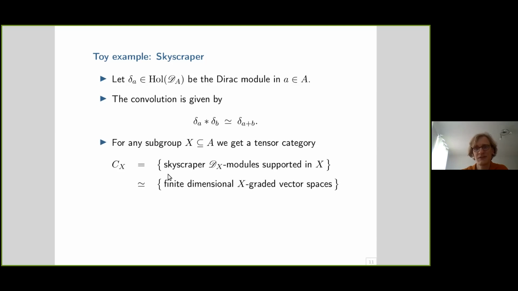And of course, giving a skyscraper module supported in a finite number of points just amounts to giving the points, and in each of the points saying how many copies of the Dirac module in that point you want to have. So this amounts to giving a finite dimensional X-graded vector space.